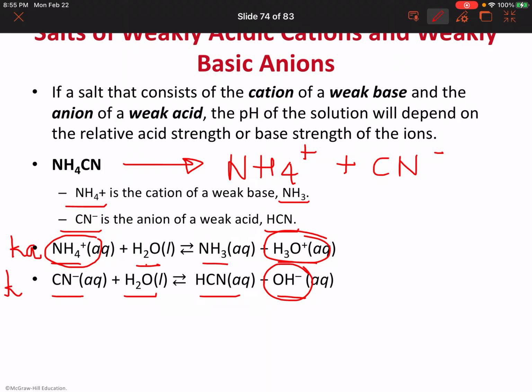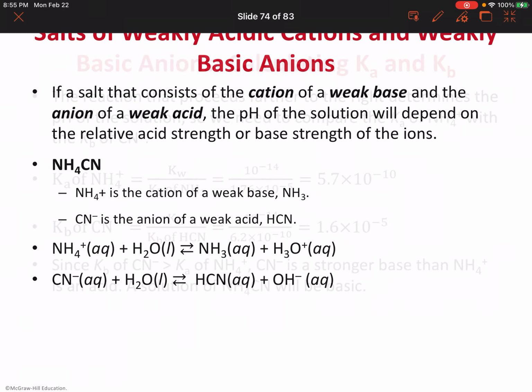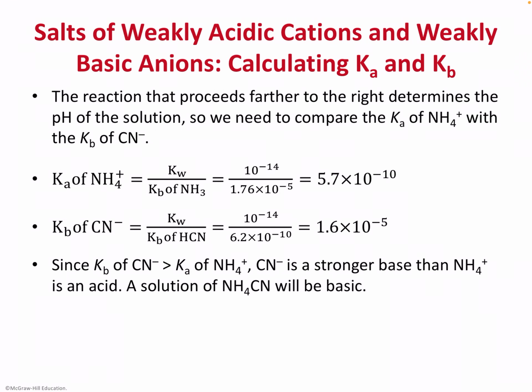Cyanide is a base, so we need to find the Kb value for cyanide. Whichever is the higher number will decide whether the solution is going to be acidic or basic. The reaction that proceeds further to the right determines the pH of the solution. So we need to compare the Ka of the ammonium ion with the Kb of cyanide.